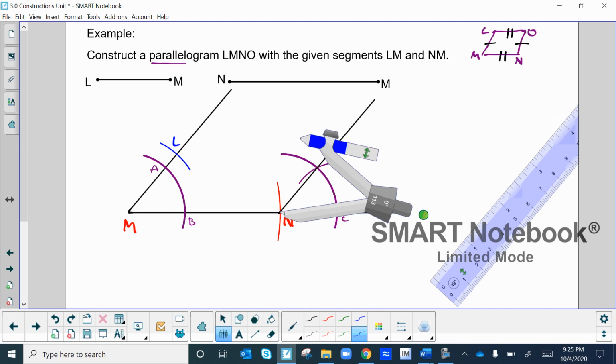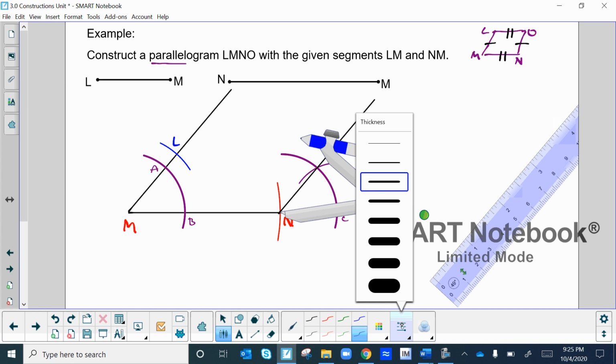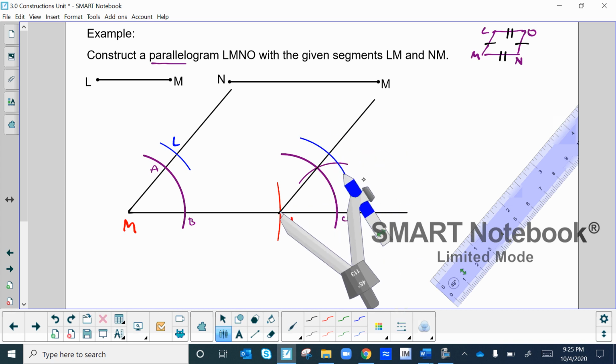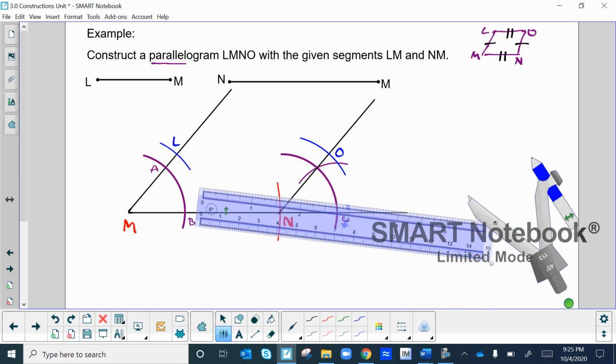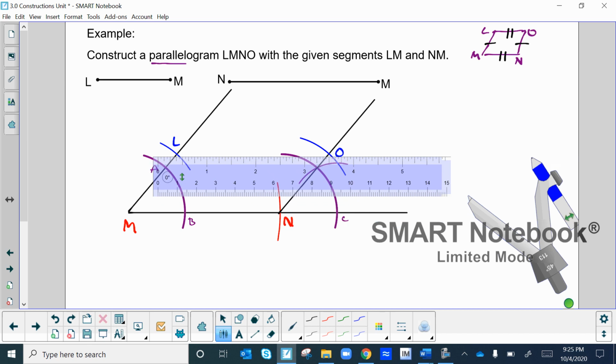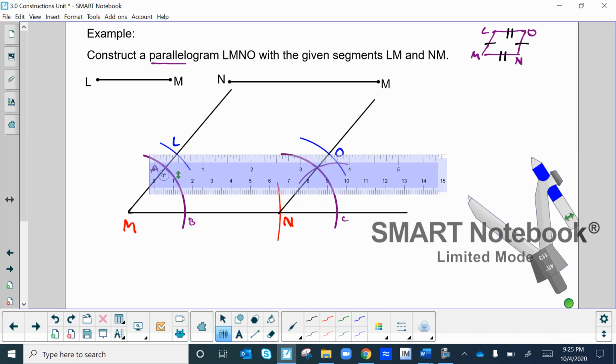I'm going to put it right here at N. Make sure you always are right on the point. Then let's make an arc. That blue point, where that blue arc is, is going to be point O. Now I just have to get my ruler and connect L to O. And it should be right there on the money.